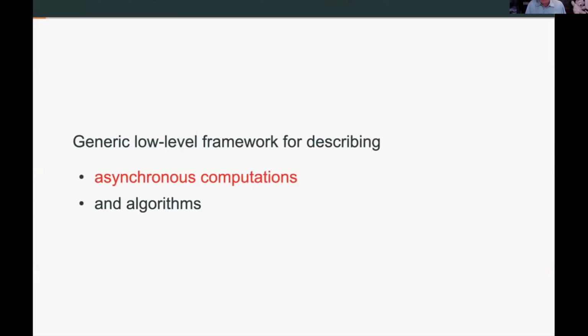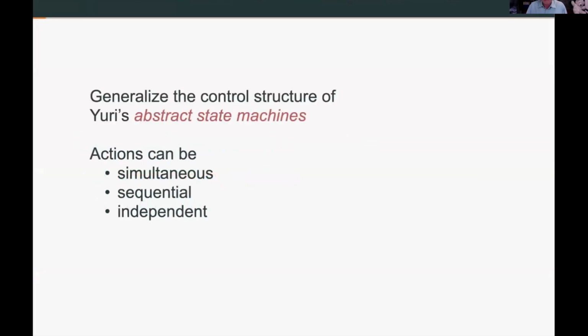unfortunately. So the motivation for what I want to talk about today is to have a language, a way in which to characterize asynchronous algorithms on the lowest level, so that it's completely generic and can describe any computation and any algorithm.